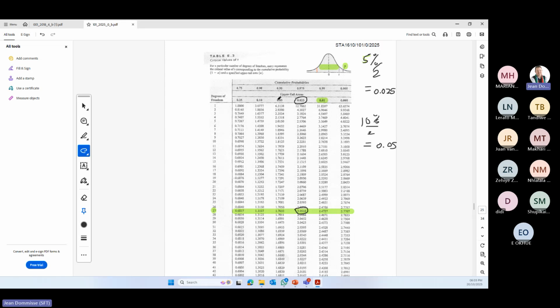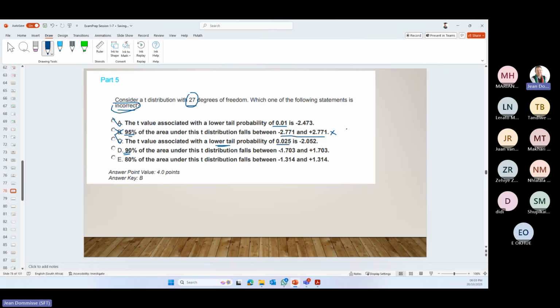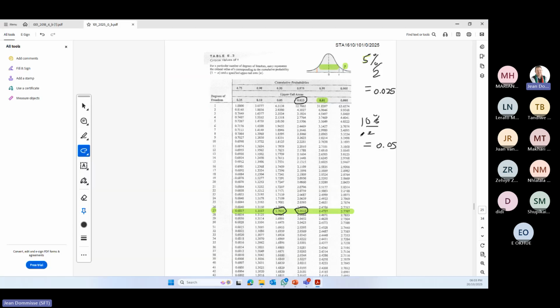So 0.05 will be plus or minus 1.703, which is also correct. Then we go to 80% in the middle, so what's left outside of that is 20%. 20 divided by 2 gives you the 10%, which is 0.1.